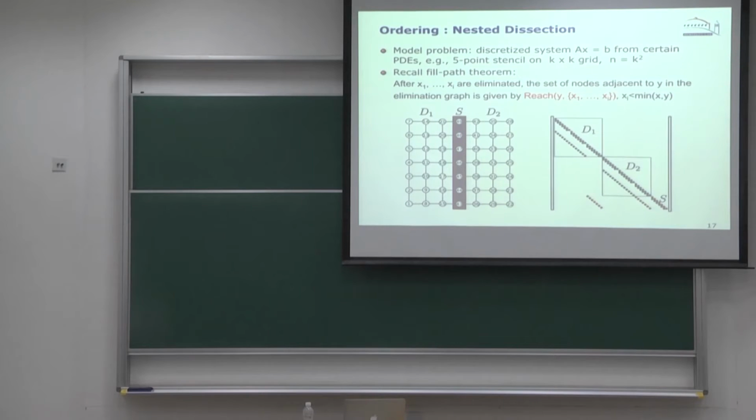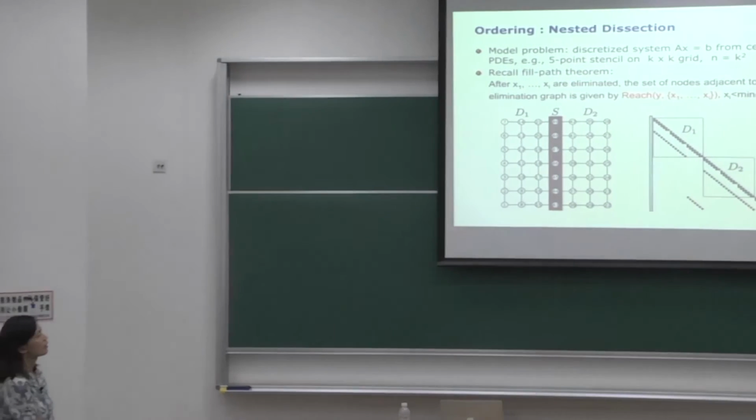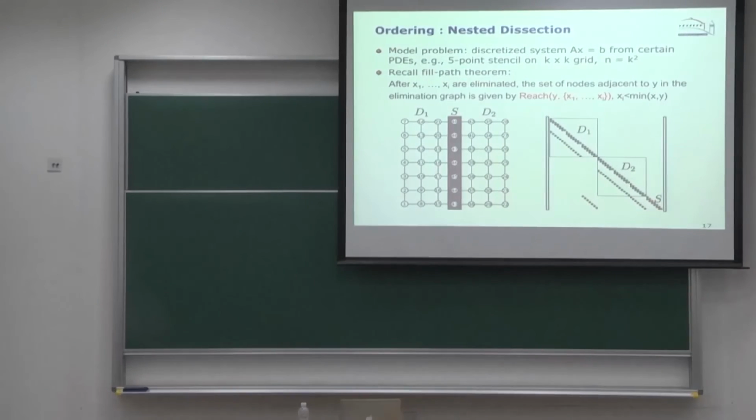To begin with, it's like your 5-point stencil, right? Each one is connected only to 4 neighbors. But my question is, after GE, after elimination, still looking at this little 7 by 7 matrix, what does the sparsity structure look like?